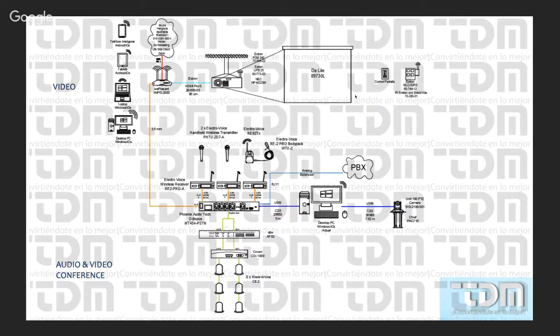Let's remember that one of the biggest problems that we have in a multipurpose room is that we lose the remote control. Always, you never find the remote control to turn the projector on and off.